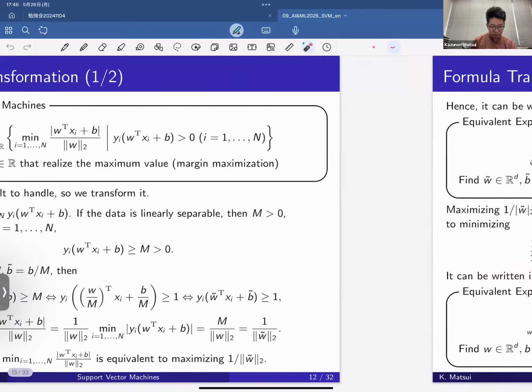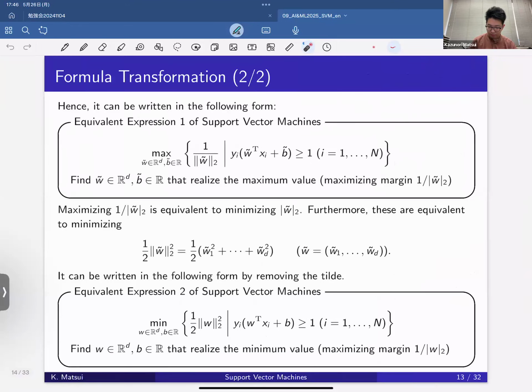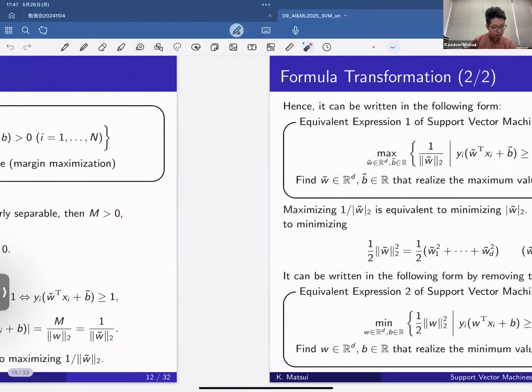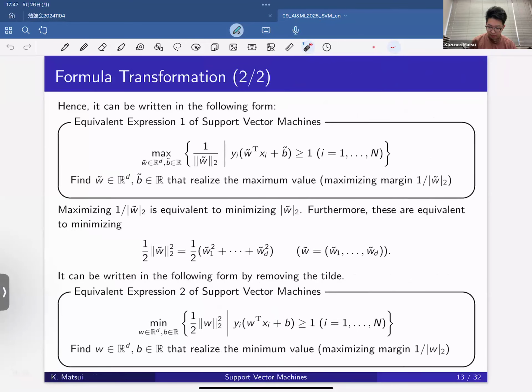So this margin is the same as maximizing the reciprocal, 1 over the norm of W tilde. Maximizing the reciprocal is the same as minimizing the original number.